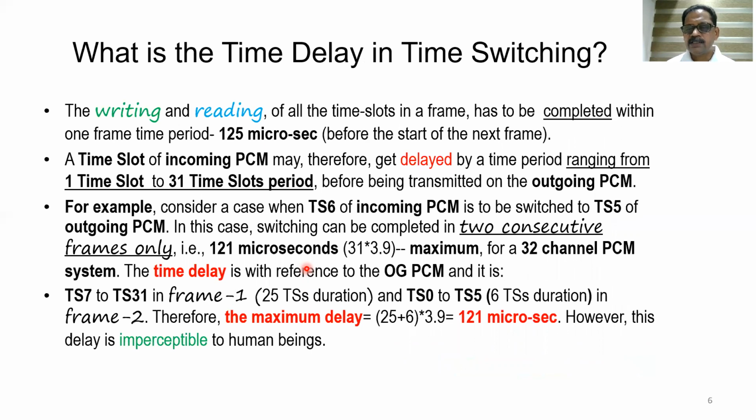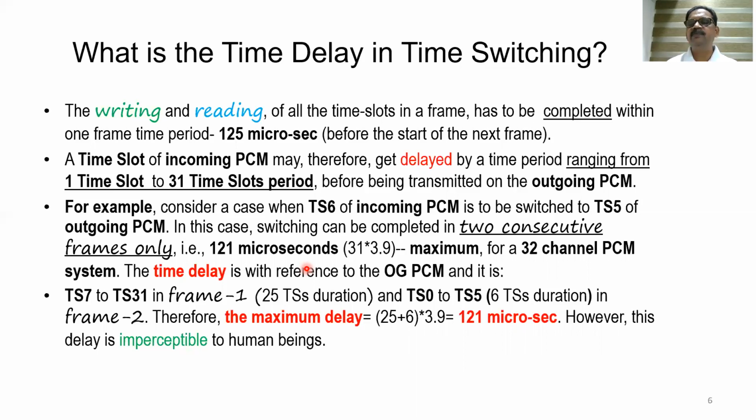Then, having understood the concept of time switch, and also the modes of operation of time switch which we have discussed, and they are output associated control or input associated control, now we will try to estimate what is the switching delay as far as time switch is concerned.